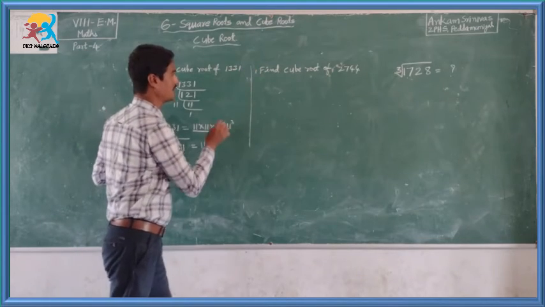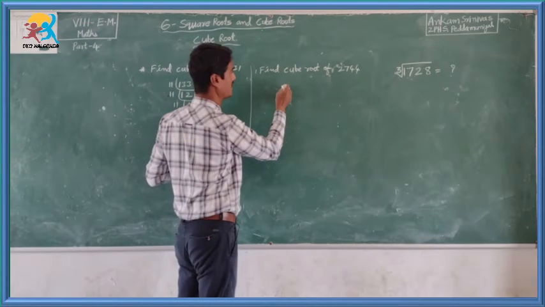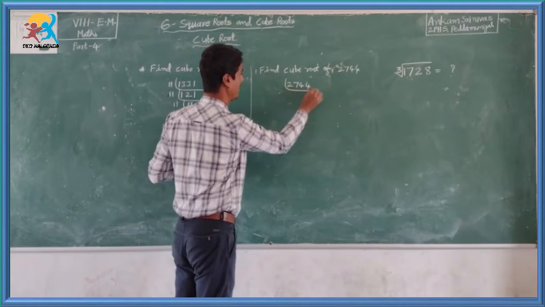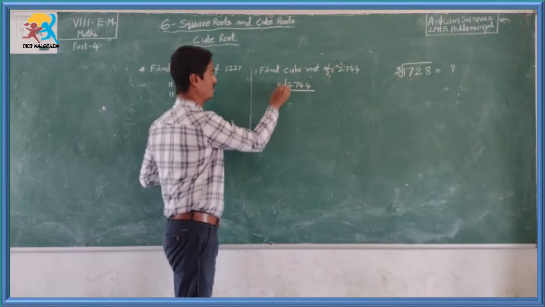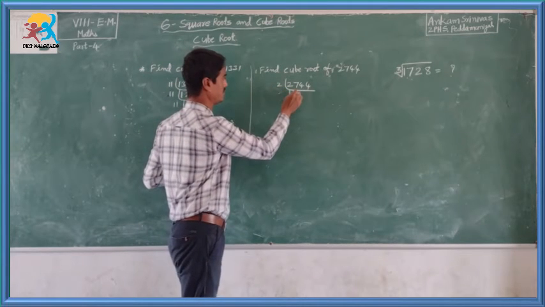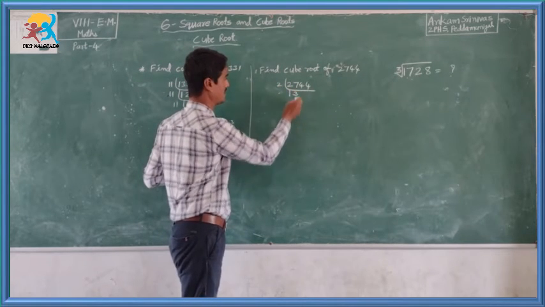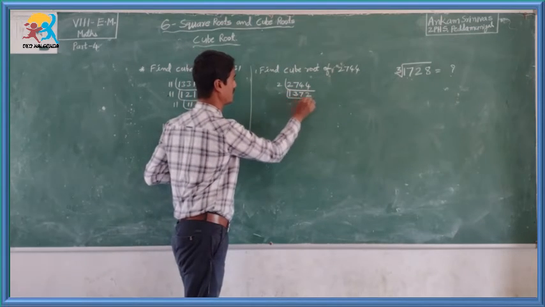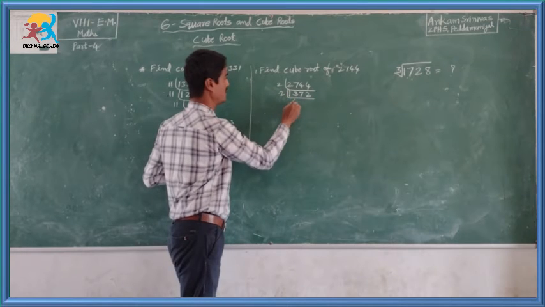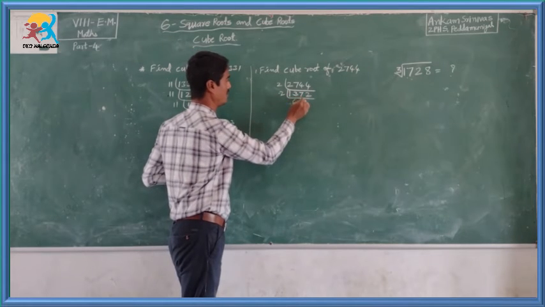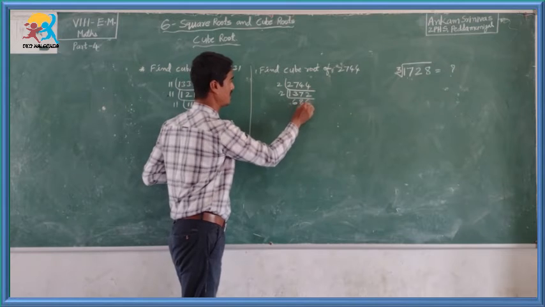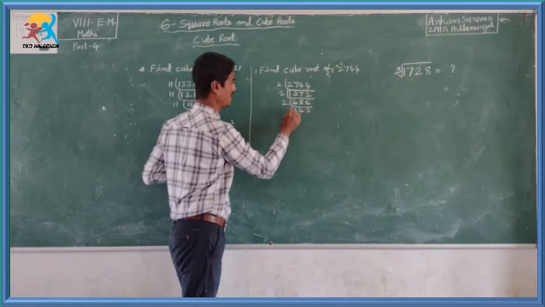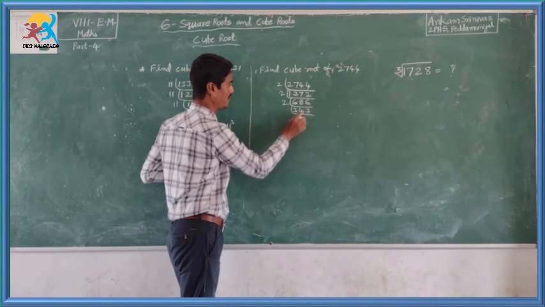So take another example, 2744. Write it as a product of prime numbers. 2 ones are 2, 2 threes are 6, 2 sevens are 14, and so on. 2744 is not divisible by 3.